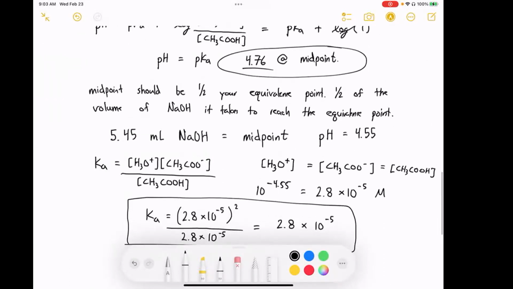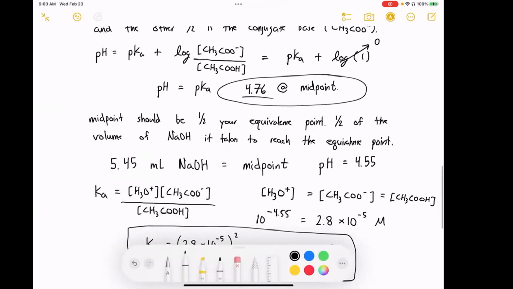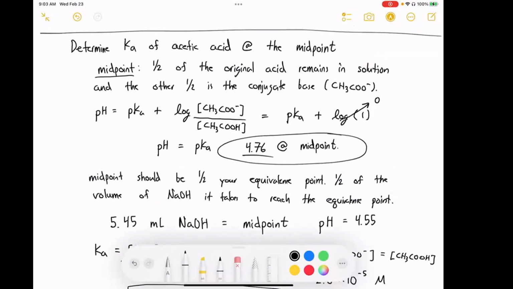But we know at the midpoint, if H3O plus is equal to my amount of acetic acid, the conjugate base that was produced, we know that at the midpoint, 1/2 of the original acid remains in solution, and the other 1/2 is the conjugate base.